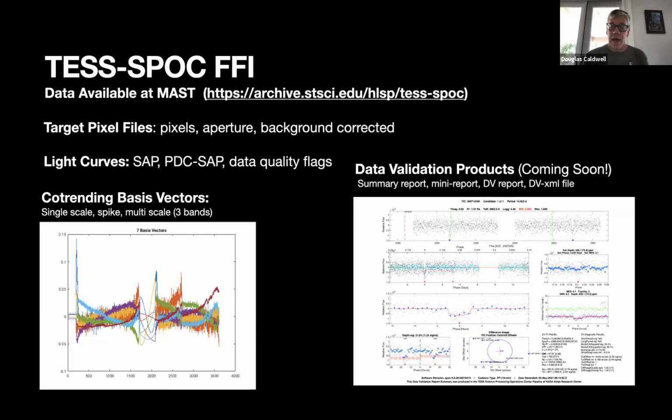And so we started doing that, and we're going to be delivering the data validation, the DV products, which will include the summary report, the mini report, the full DV report, and then the XML file with all the results for the DV search for each of these sectors. And that's going to start with sector 36. We aren't going to go back and retroactively do the sectors we've already delivered, I think was the decision, just because that's more of an impact and more of a pain. And so those should be available soon.